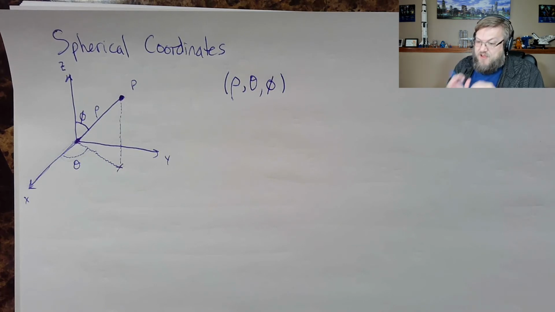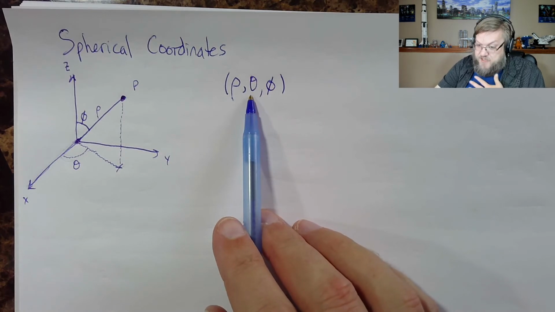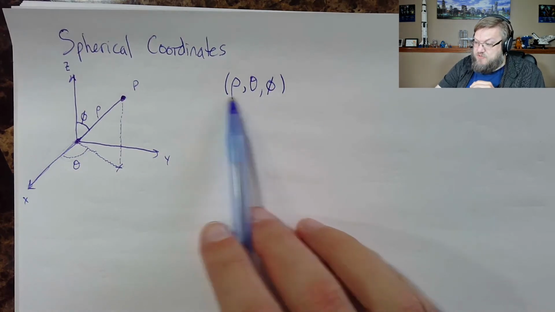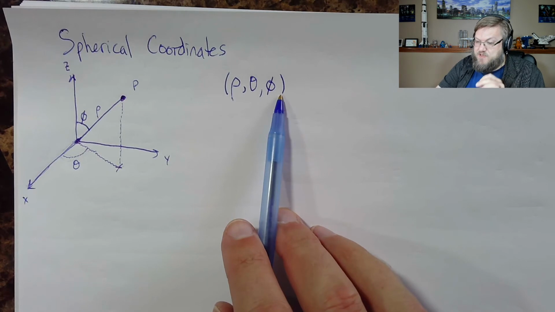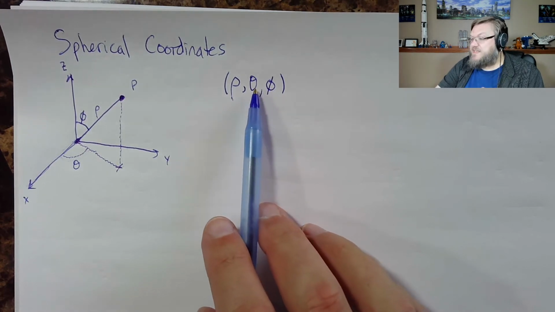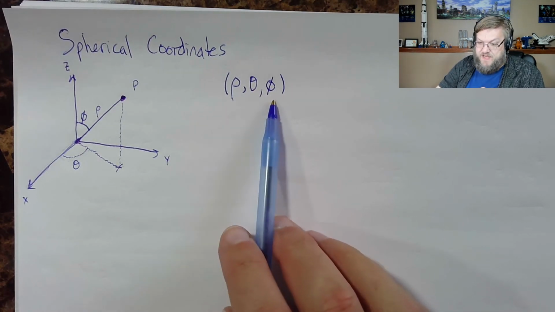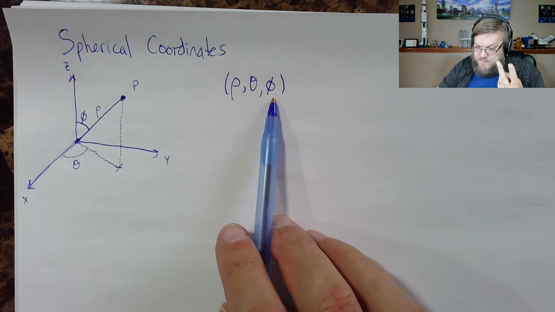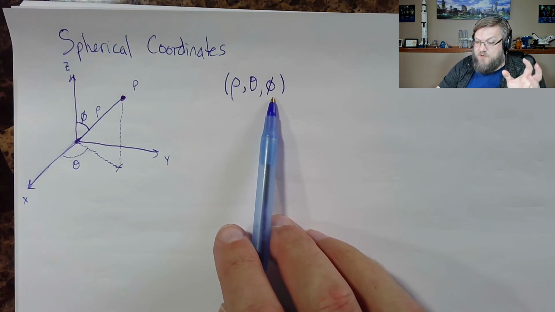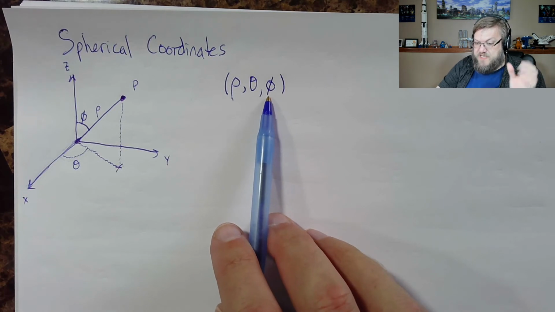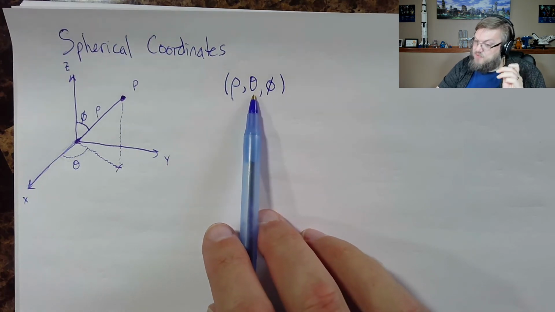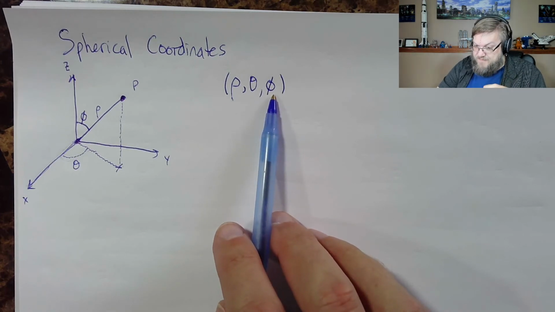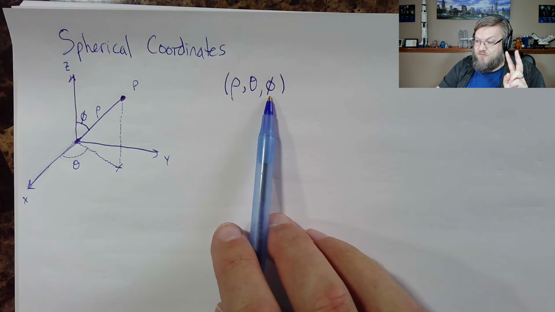Now, be careful reading other books. I feel this is pretty standard, and more books are doing this, but there are some older physics books, some older math books that like to swap phi and theta, and they literally mean the opposite. So if you grab a random book and you're looking at spherical coordinates, you have to make sure that their theta is our theta and that their phi is our phi, because it could be that they've just swapped them, right?